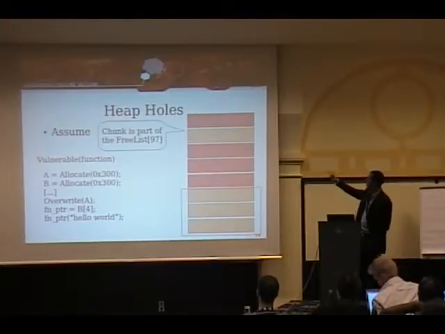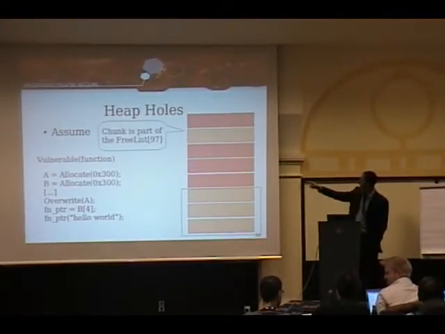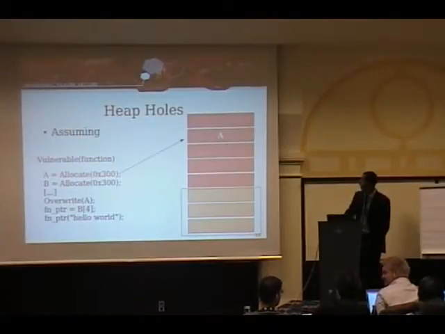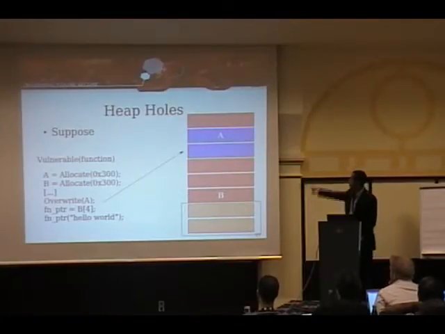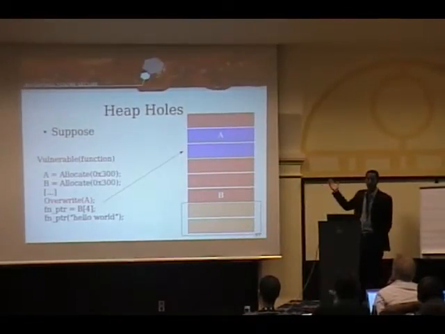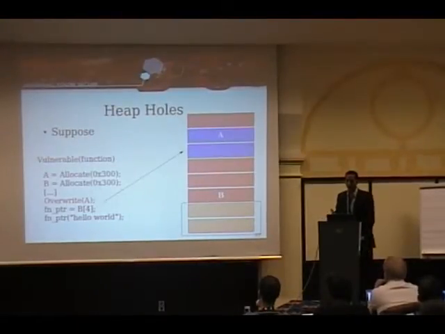So assuming that the free list has a chunk missing out of the contiguous chunks, it's a little bit fragmented, and then you do allocate, and then you fill that in, and you do another allocate, and it'll allocate from the end of the memory section. You do your overwrite, and you've overwritten something that you have no idea how big it is and what it has. So in terms of predictability, you have really none. But in the past, in many cases, if you look at advisories, and like my old paper, we ignored this whole problem.